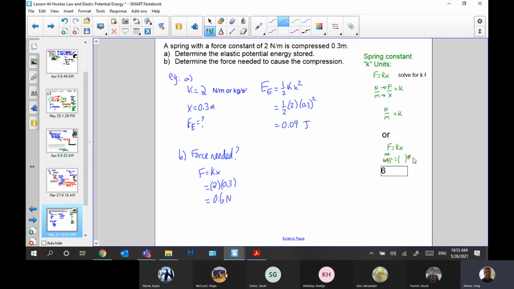And then the K value, when we divide out the meters, I don't think you'll see it very often, but technically in SI units is kilograms per second squared. Not that it matters, but all the questions I've seen recently, I'll just say newtons per meter.